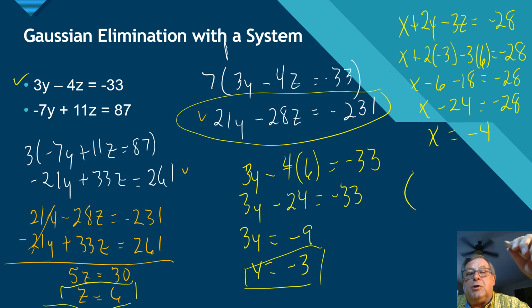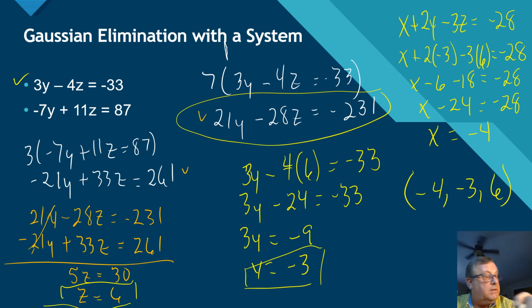And so our solution is -4, -3, 6. All right, we have solved a system of 3 equations in 3 variables using Gaussian elimination, narrowing down to solving for 1 variable, then going back to where we had just 2 variables and substituting, in this case, in for z to solve for y, and then taking those 2 solutions and going back to one of the 3 original equations.